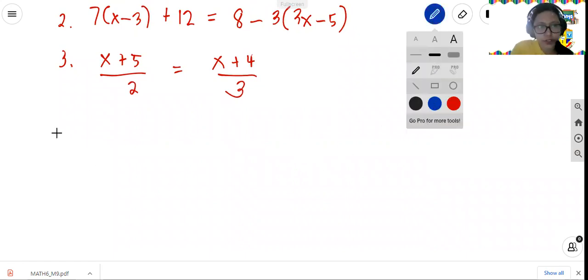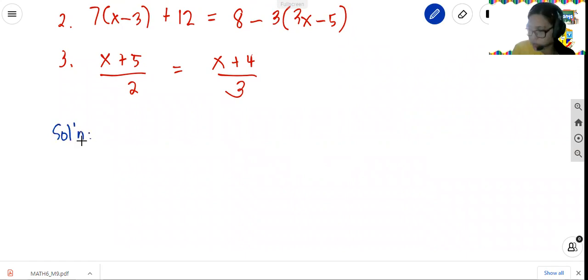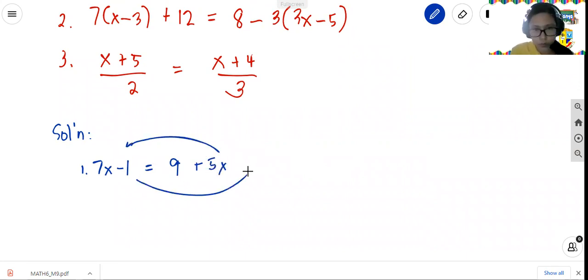So let's start with the first one. We have 7x minus 1 equals 9 plus 5x. So transpose here, this one transposes. So 7x minus 5x equals 9 plus 1. So 7x minus 5x is 2x. 9 plus 1 is 10. And divide by 2 to get rid of 2.